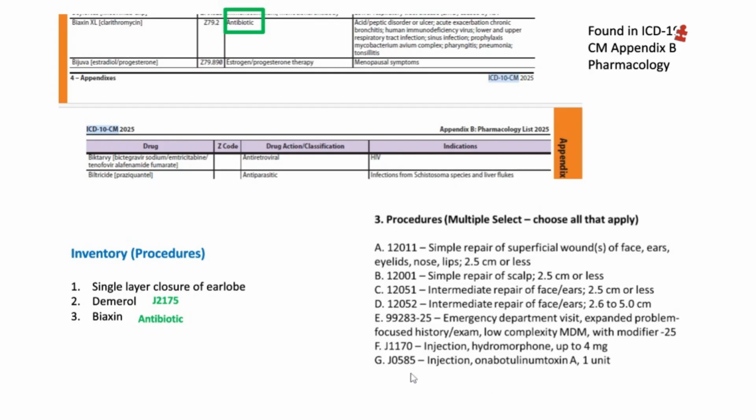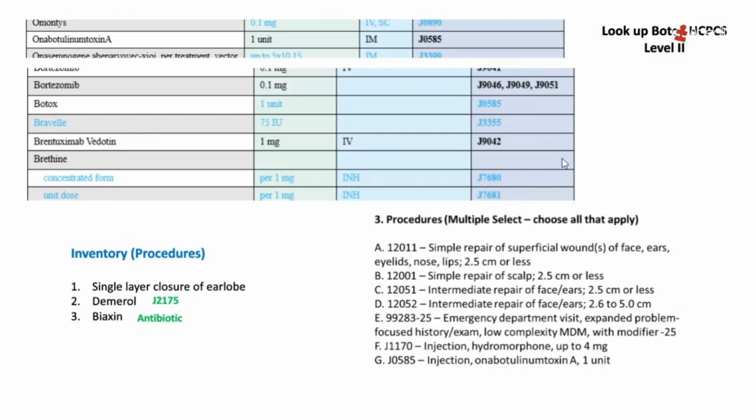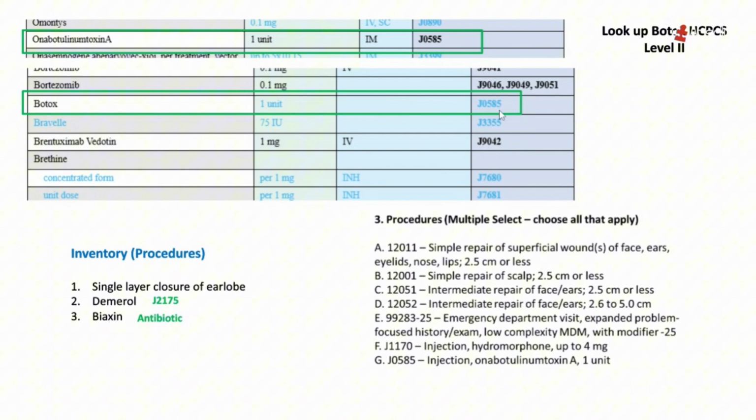I know what this is. So I'm going to go back to the HCPCS Level 2. Tell me, what is this onabotulinum toxin A? What is it? Well, it doesn't say what it is, but it tells me the code J0585, which is here. And also, when I look up Botox, J0585.